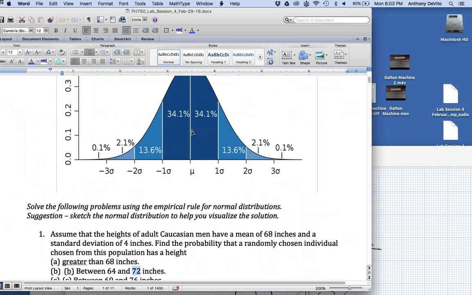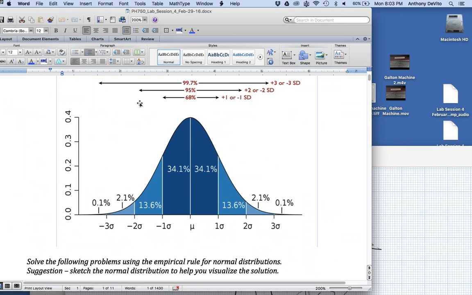So 2 standard deviations below the mean, that means 95% of the population is between here and here. What percentage is left below 2 standard deviations? 2.5%, right? 95% is between 2 standard deviations below and 2 standard deviations above.